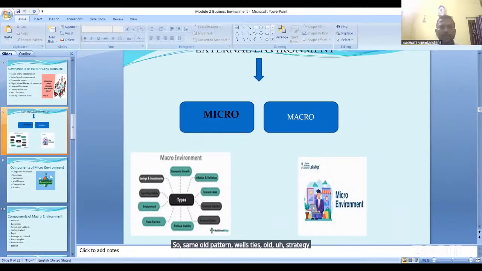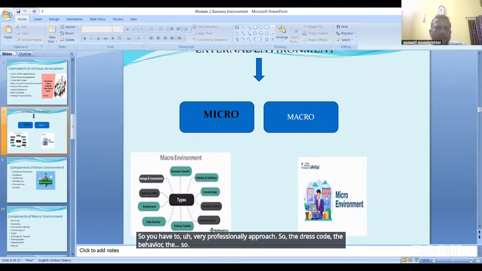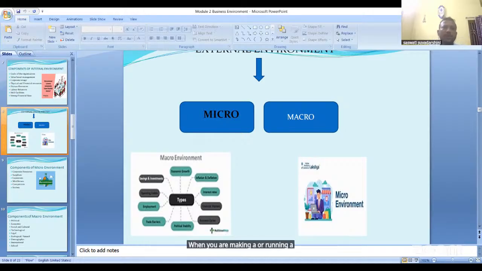You have to be very professional in your approach. The dress code, the behavior, the etiquette, everything matters when you are running a business unit. So that is important.